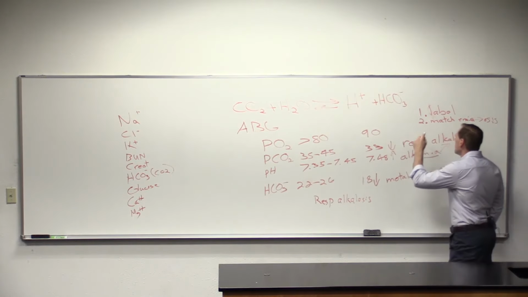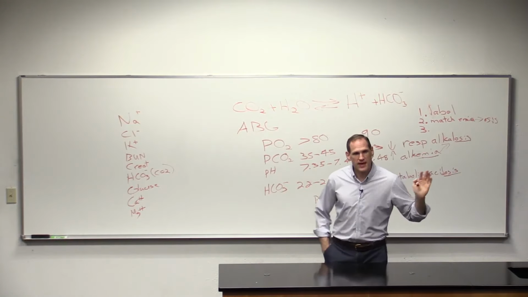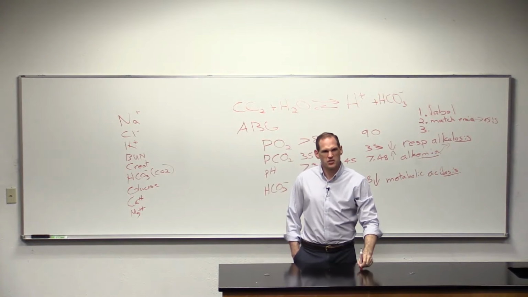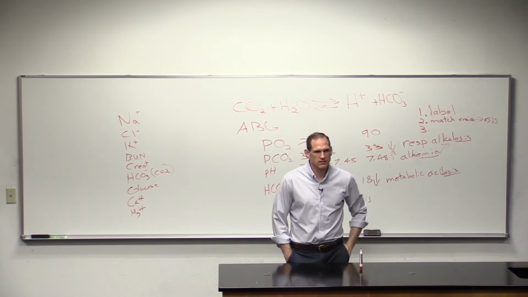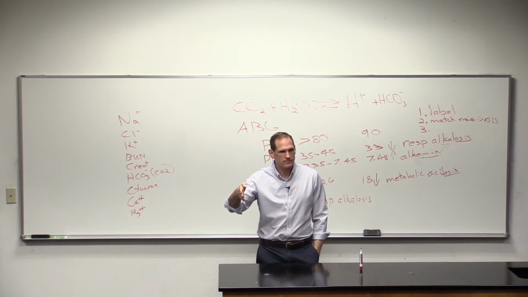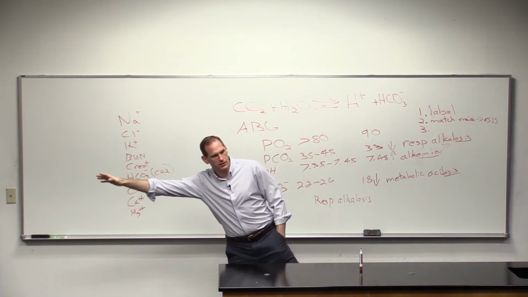Which is what's called compensation. So we've got a respiratory problem that is pushing us alkalotic. Now, does your blood like to be alkalotic? No, it wants to be neutral, right? So what's it going to do? What's your body going to do about that? Help, I'm becoming alkalotic.